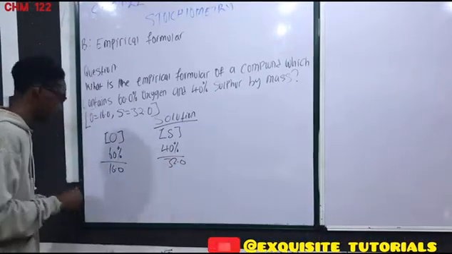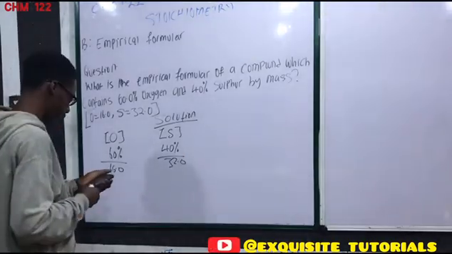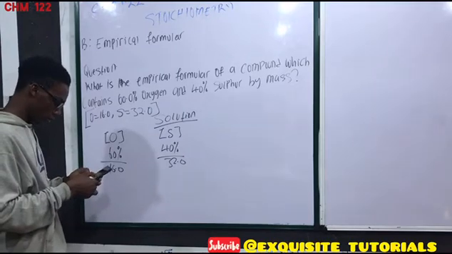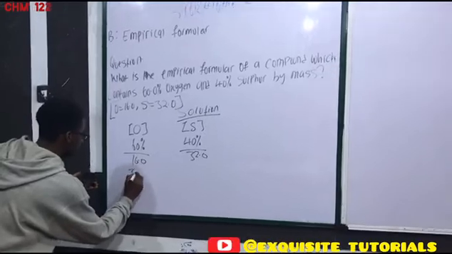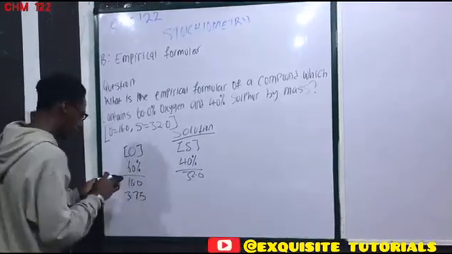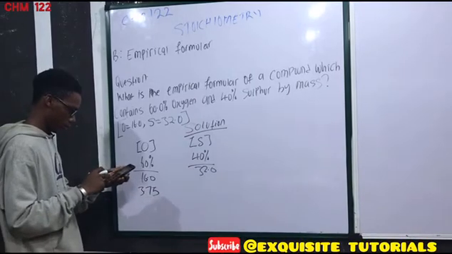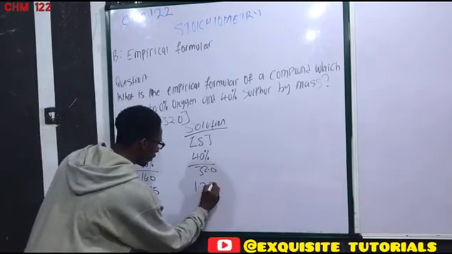Now, we are having an approximate value of 3.75, then here we are having 1.25.